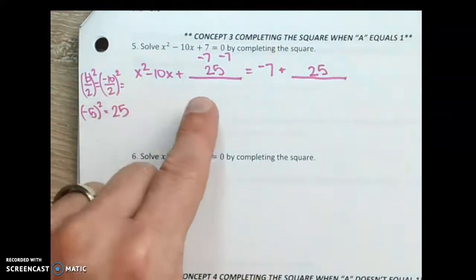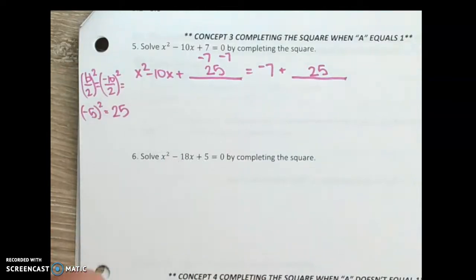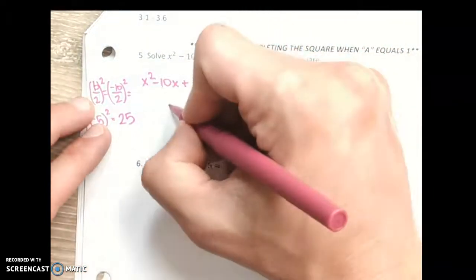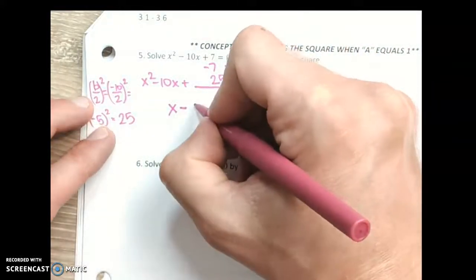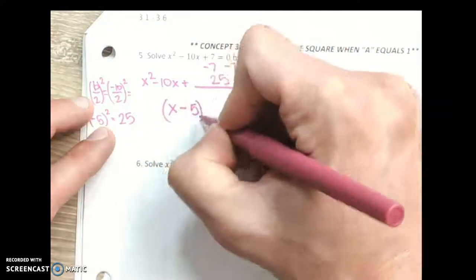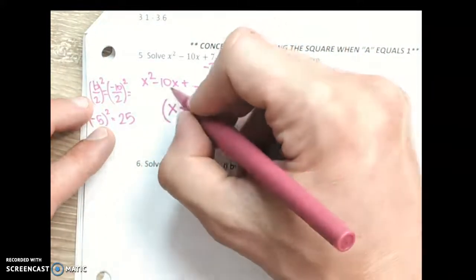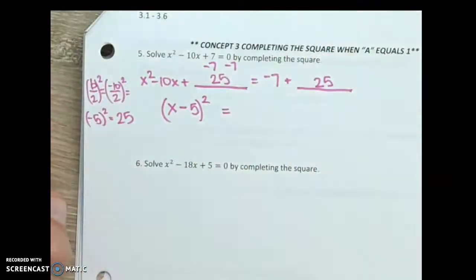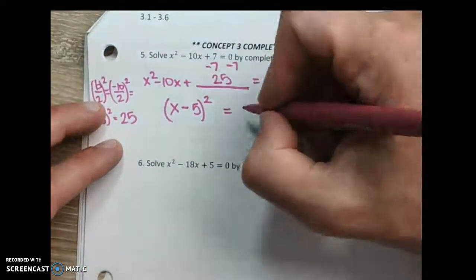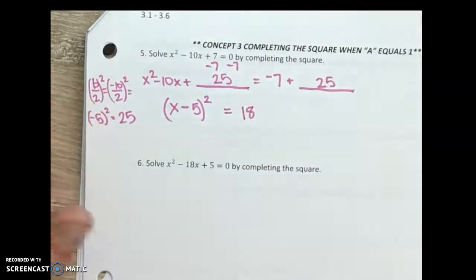On my left-hand side, I now have a perfect trinomial square. Take the square root of x, take that minus sign with the negative 10, take the square root of 25, which is 5. If I multiply them together, I get negative 5x. If I double it, I get negative 10x. It is perfect. Then on the other side, I just took 25 minus 7, and that is 18.